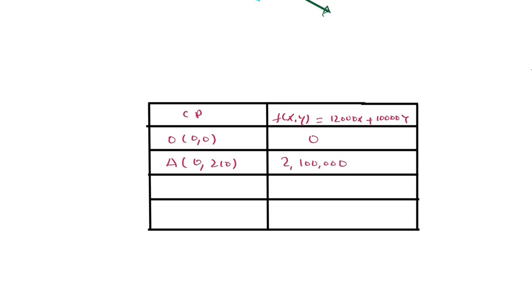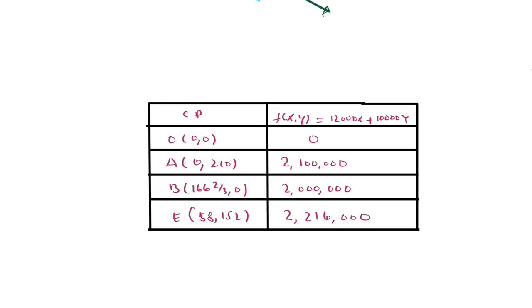Then for point B with (166 2/3, 0), the value here is going to be 2 million. And for the point E with (58, 152), applying these values into our objective function, the figure here is going to be 2,216,000.